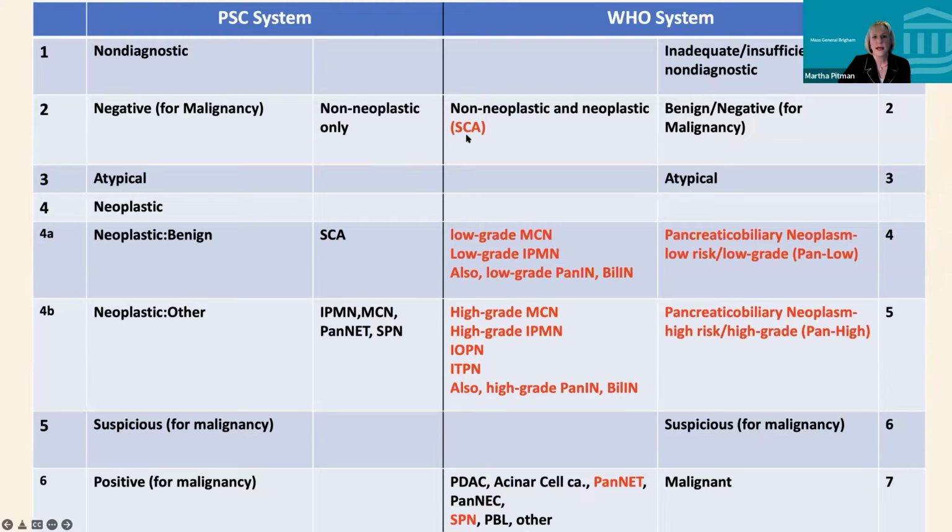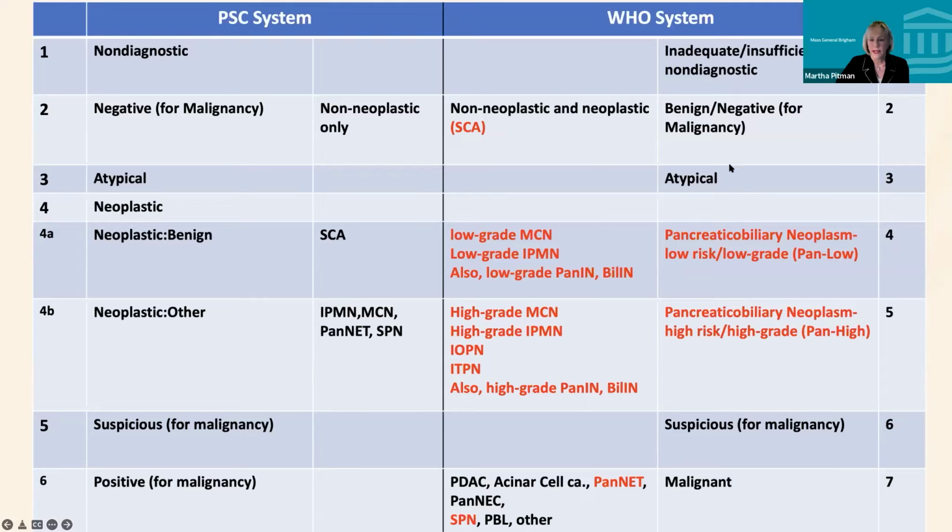So here we see that the WHO system has an inadequate, insufficient, or non-diagnostic category. And I'll explain why we have three different terms up there in a minute. And then we have our benign, if you prefer, negative for malignancy category that now includes both non-neoplastic and neoplastic entities that will still be dominated by your serous cystadenoma in the neoplastic category, but now serous cystadenoma is in category 2.